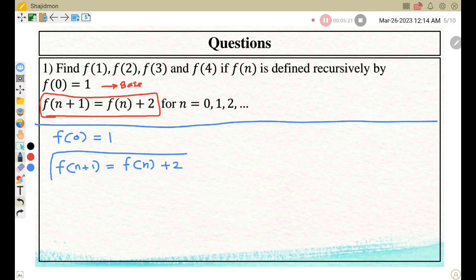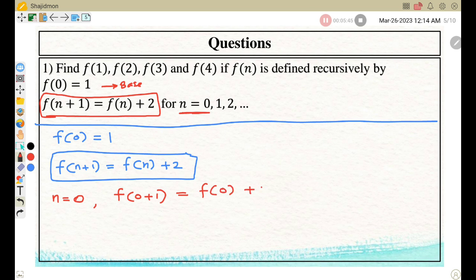Now in this recursive call, first put n equal to 0 here. So when n equals 0, what happened here? f of n plus 1, n is 0, so 0 plus 1 equals f of n, meaning f of 0, plus 2.